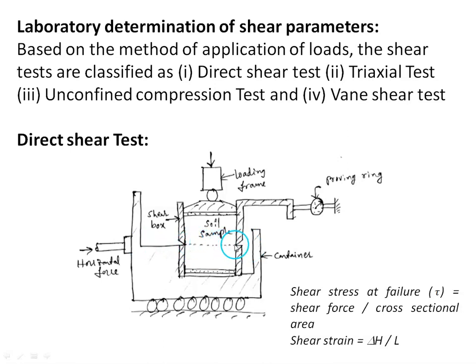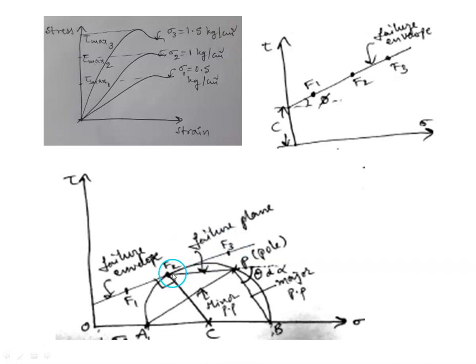This may not be the weakest plane, but because it is horizontal, we know that the failure plane is horizontal. What is the difference between failure envelope and failure plane? The failure plane represents the line along which the failure takes place, whereas failure envelope represents the failure points. Any point on the failure envelope gives the failure stresses.